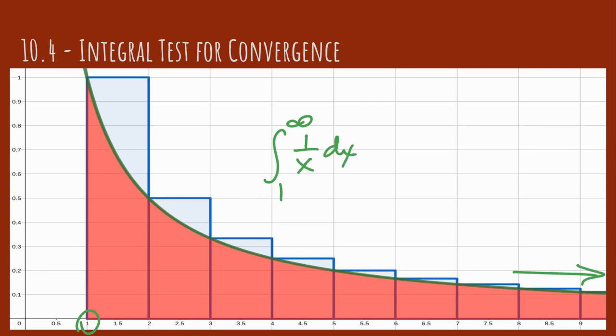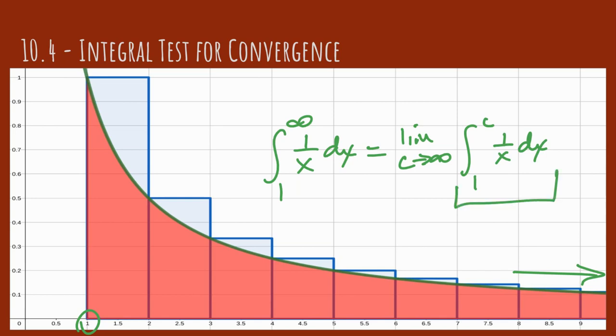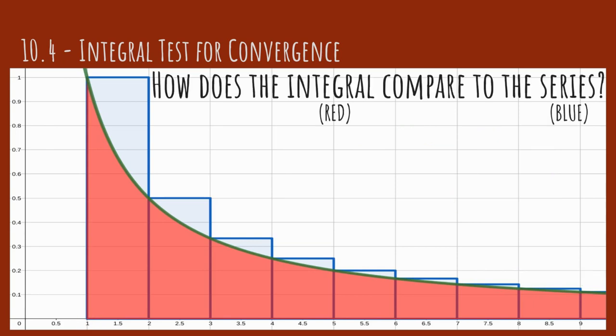This integral is an improper integral, but it's an integral that we can evaluate using a limit. If we replace that infinity as the upper limit with some constant c and look at this integral, and then look at what that does as c approaches infinity, we can evaluate that. And it turns out that that does approach infinity. That is an infinite sum.